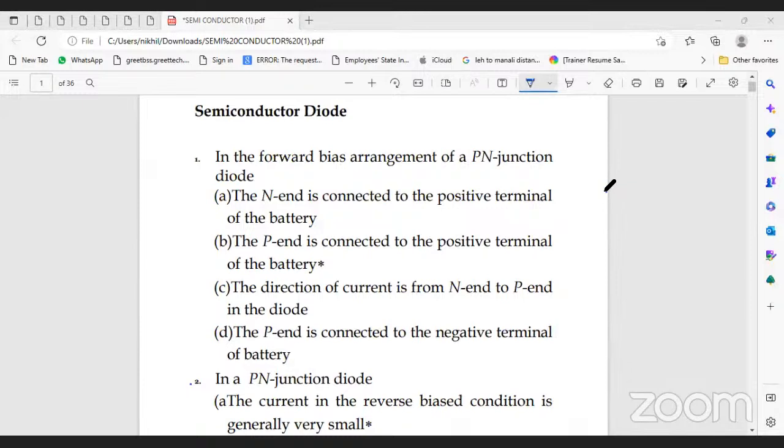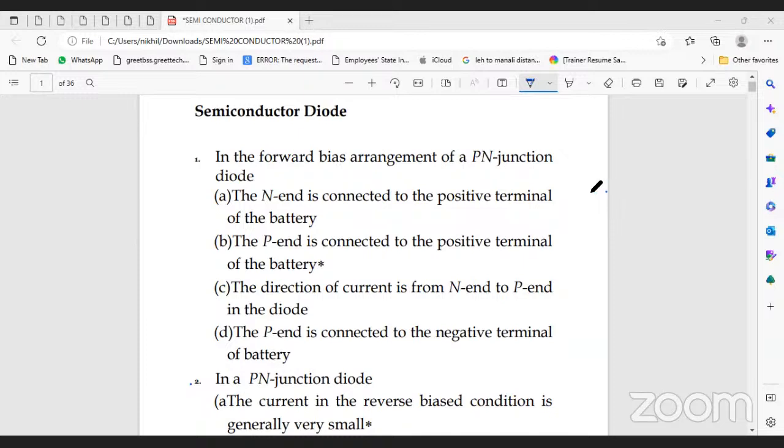Good evening, students. Let us continue with the MCQs of semiconductors and electronic devices. In the last session, we explained the concept of the band theory, the classification of solids, and also the types of semiconductors.